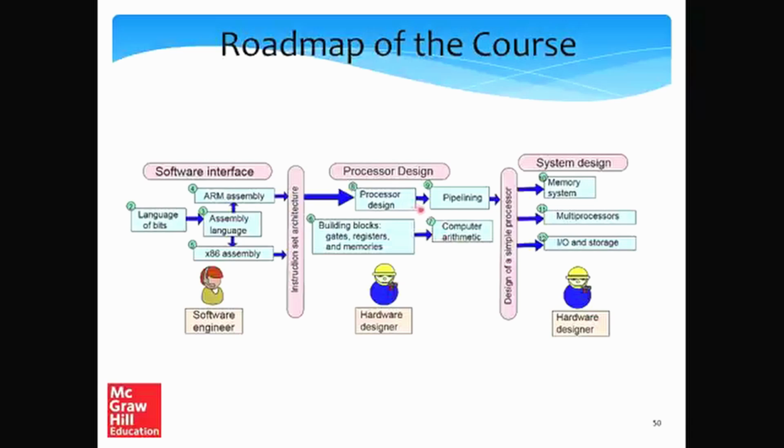And then design processors in chapters 8 and 9. We'll start with simpler processor designs and move into more complicated ones. After designing a simple processor, we look at designing a larger system, a more complicated memory system, a system with many processors, multiprocessing systems, and also integrate I/O devices and storage devices.